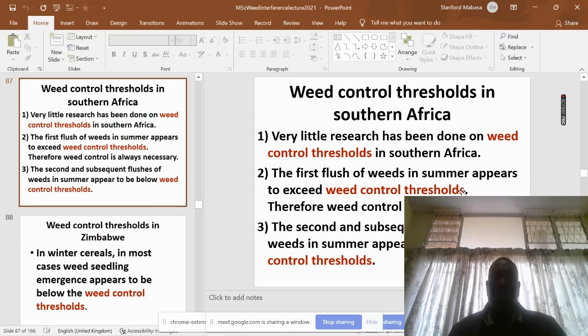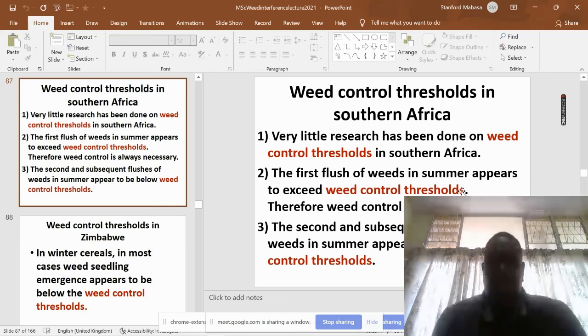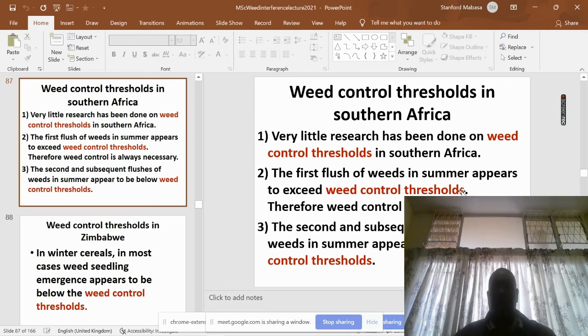There's also an issue on the first flush of weeds in summer, which appears to exceed weed control thresholds. Depending on how you are going to plant your crop, early planted maize or early planted crops are subjected to the first flush of weeds, and it's likely that they can exceed weed control thresholds. Therefore, weed control is always necessary.